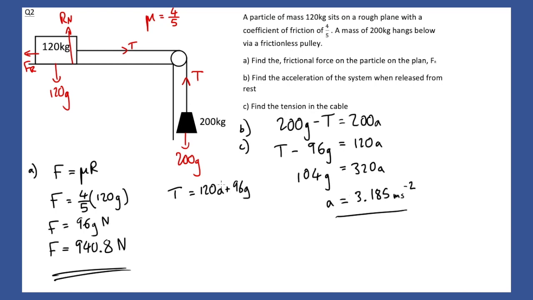Again, like in the last question, this 96g is the frictional force, so it increases the tension. So when I do 120 times my 3.185 plus my 96g, and I work it through, I get 1,323 newtons.